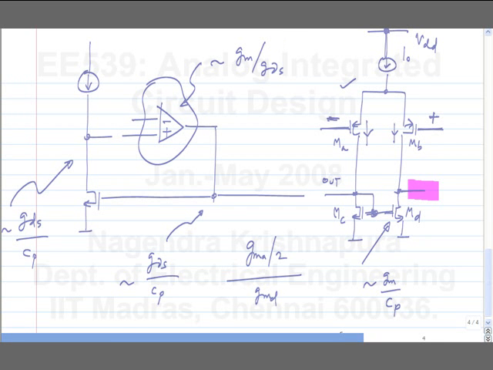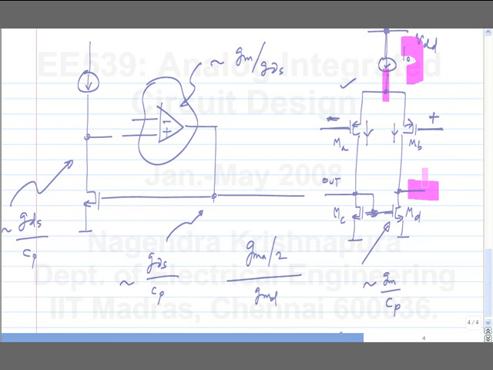No, but it may not. Total load current may not be constant because if this goes very high, this goes into triode region, this node also goes high and this also goes into triode region. Yeah, but you will always have mismatch, right? So in practice you cannot use this because you just cannot define this node voltage. In practice you will have mismatch between everything and everything else.